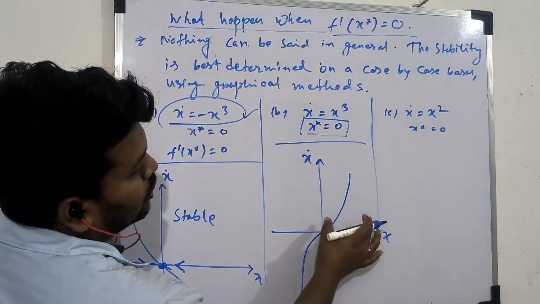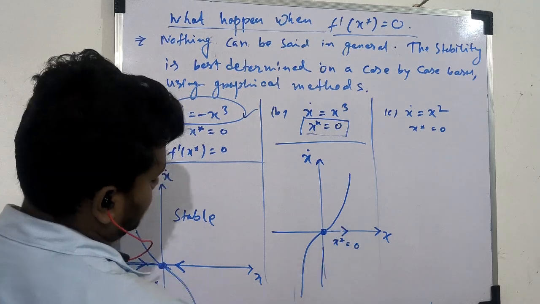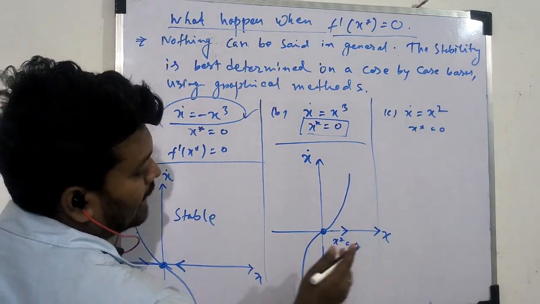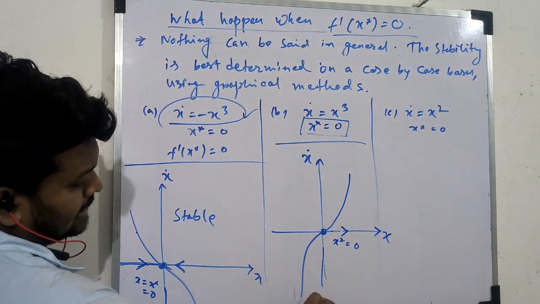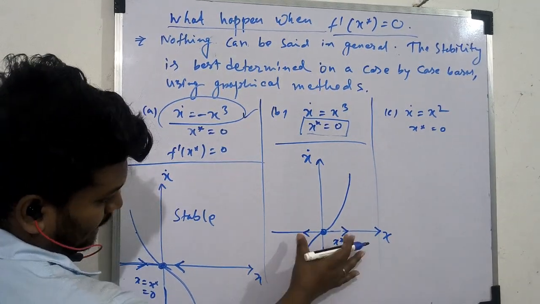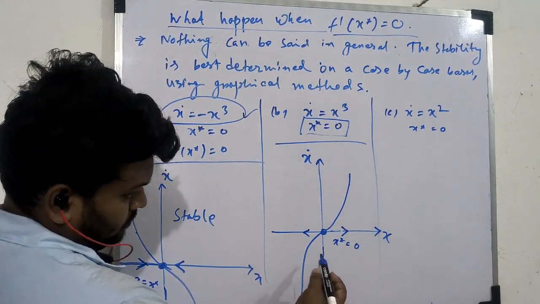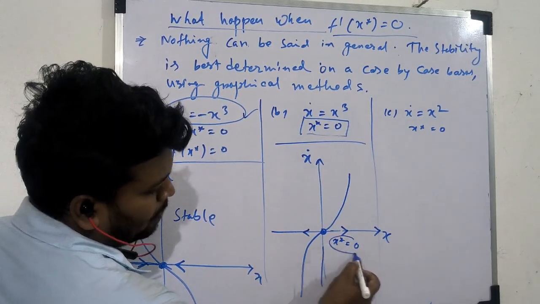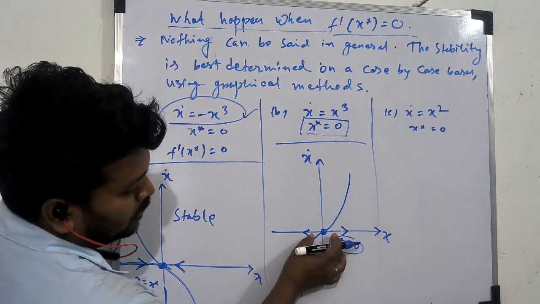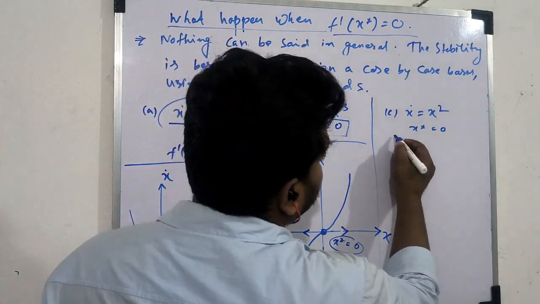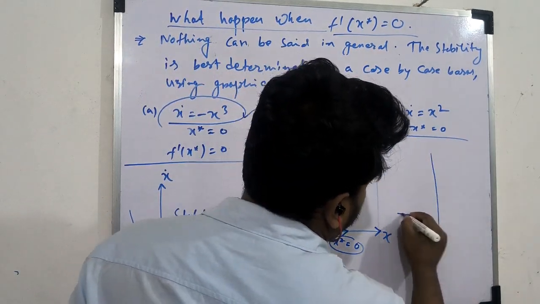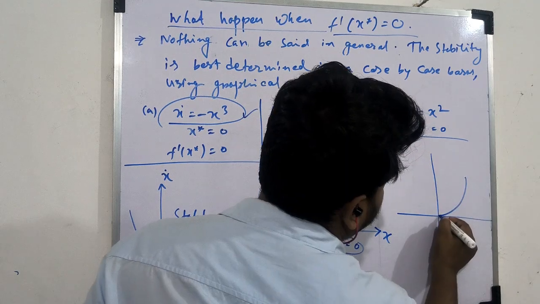In this portion x dot is greater than 0, so the arrow will be on the right side, and in this portion x dot is less than 0, so the arrow will be this side. So by the graphical method we can say this equilibrium point is unstable, as the arrows are away from the equilibrium point.